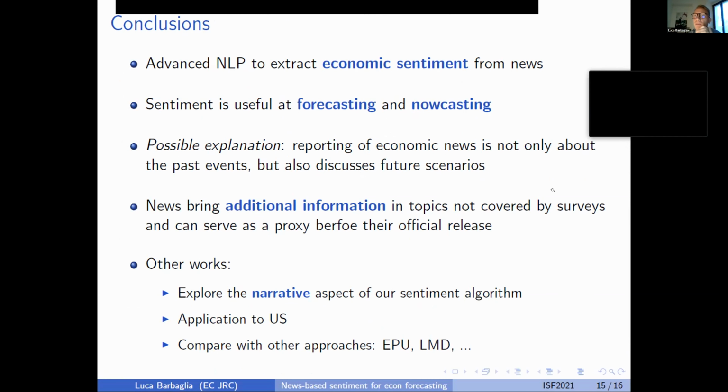And this is why maybe also for forecasting they can be quite useful. Most importantly, news-based indicators can complement survey-based measures. And in particular, they can cover areas that are not represented well by the surveys.